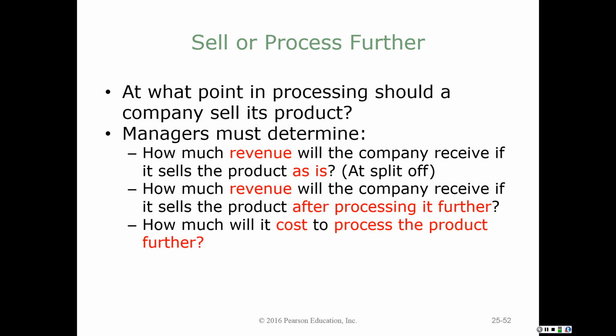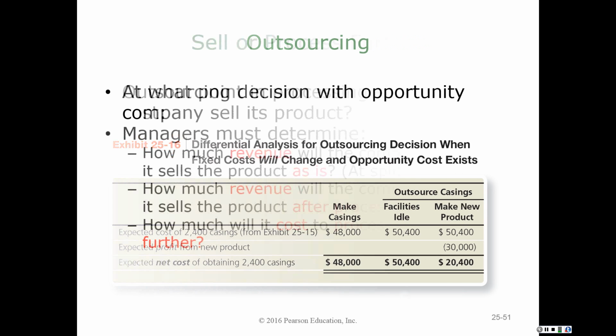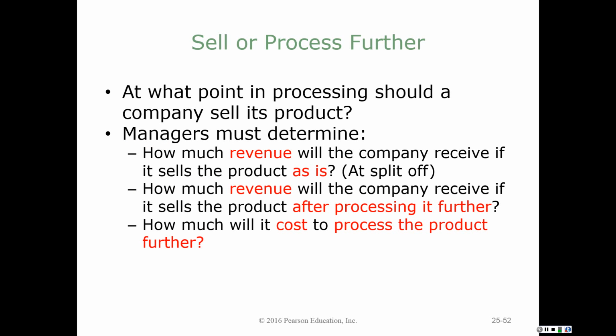So we have to determine a couple of things. Let me back up one slide. We have to determine a couple of things about our product. First of all, if we were to stop at a certain point and sell our product as is, how much revenue would we generate? For example, your book says we have our smart tablets that we're currently selling, the standard and the premium, but what if I decided to add a front accessible USB port to my tablets?